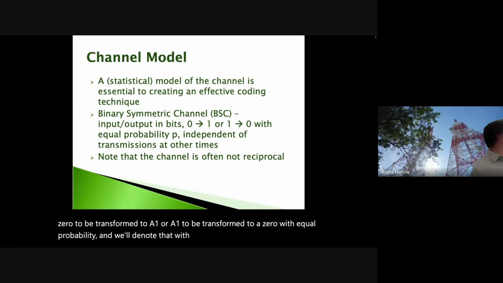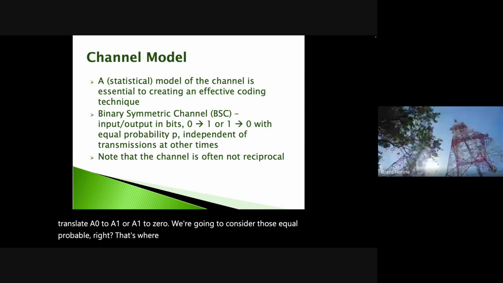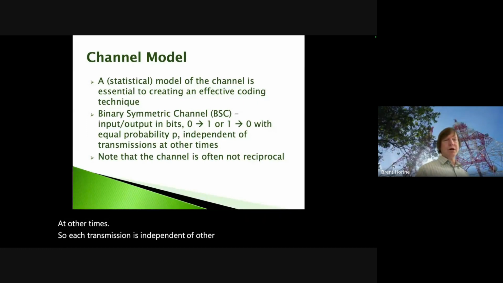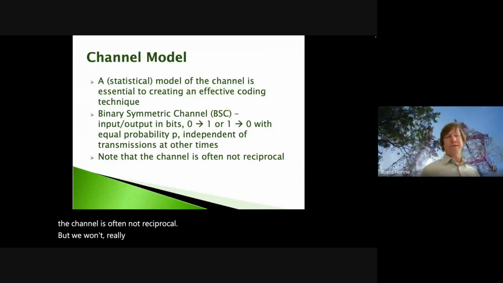We're going to consider those equally probable, and that's where the symmetric part comes in, independent of transmission at other times. So each transmission is independent of other transmissions. Note that the channel is often not reciprocal, but we won't really go into a whole lot of that.